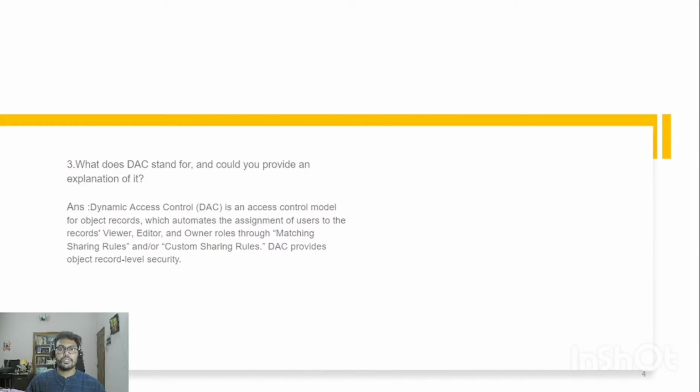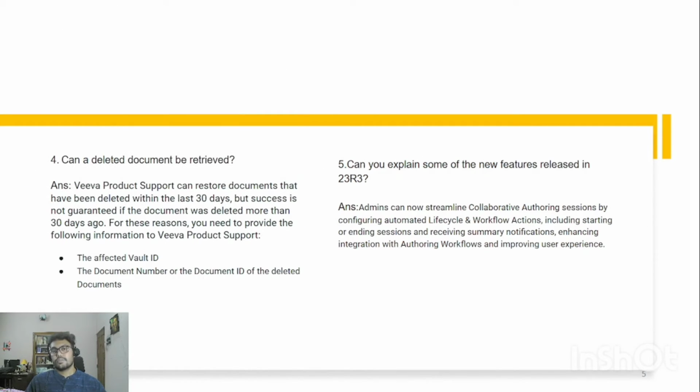Now, the next question is: can you explain some of the new features released in 23R3? Yes. One of the most important releases related to documents is the collaborative authoring session. Now it has been configured with automated lifecycle and workflow actions.